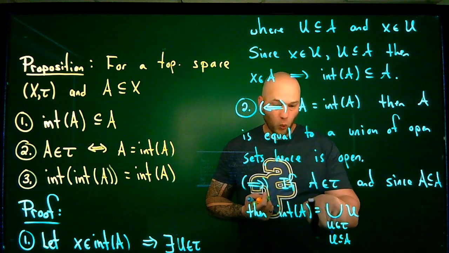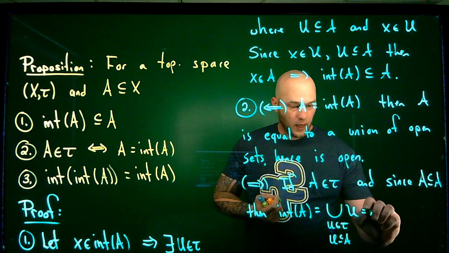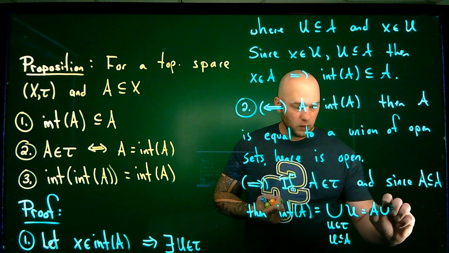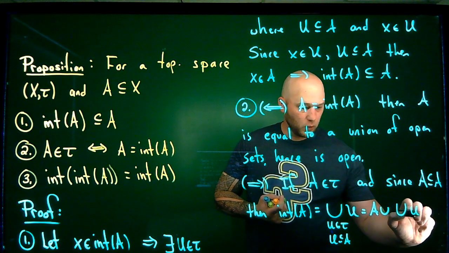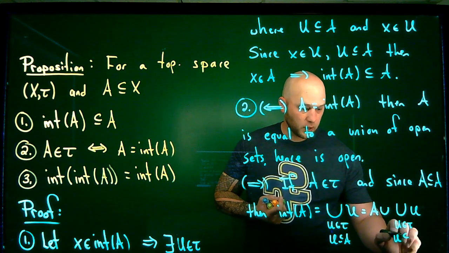Well, A is one of these, so therefore this is equal to A union, the union of U's, where U is open and U is a proper subset of A.